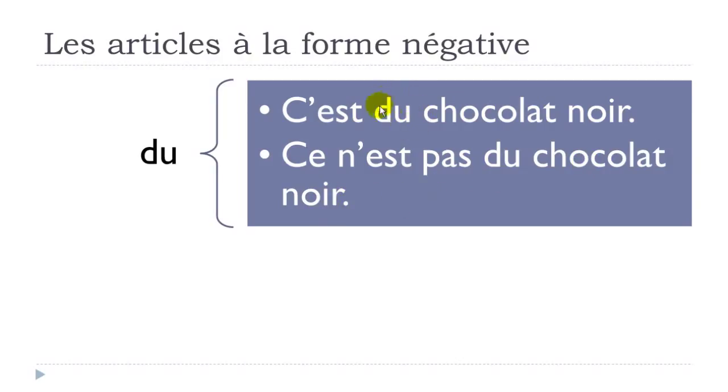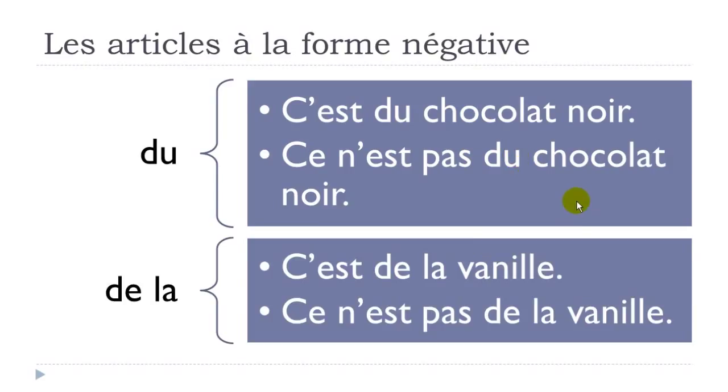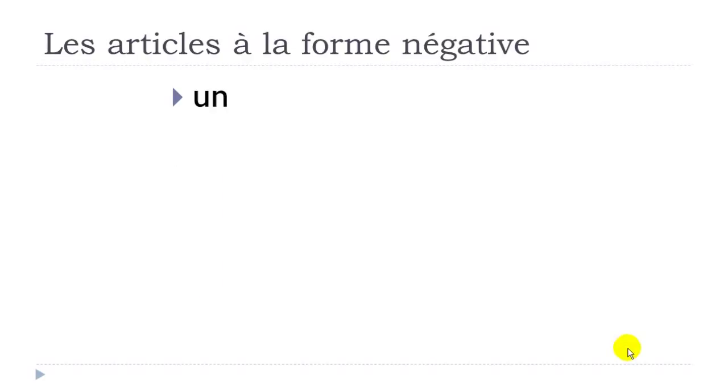So here we've got the partitive and it's still the same here, du and du, okay? So partitif féminin, c'est de la vanille, ce n'est pas de la vanille. So, de la is here, and it's still here for the negative form, okay? Vanille, vanilla.